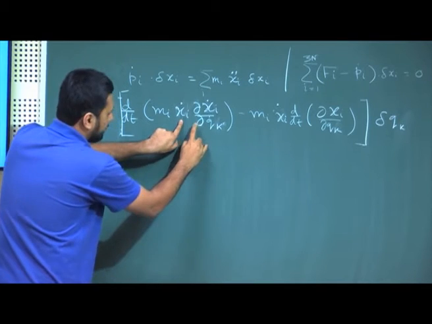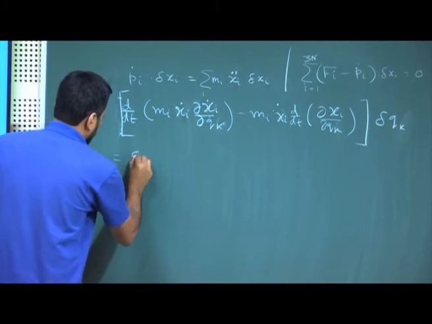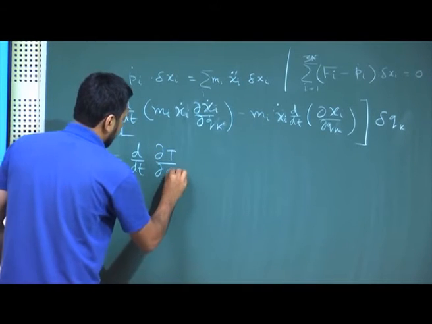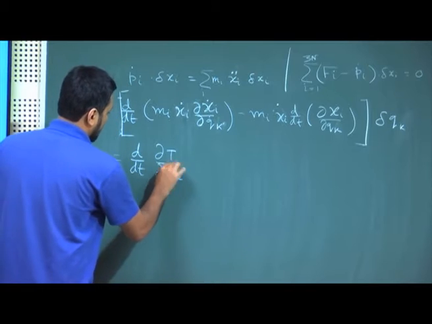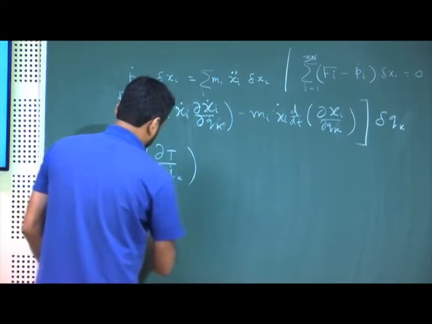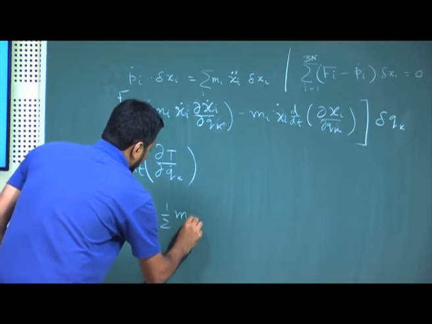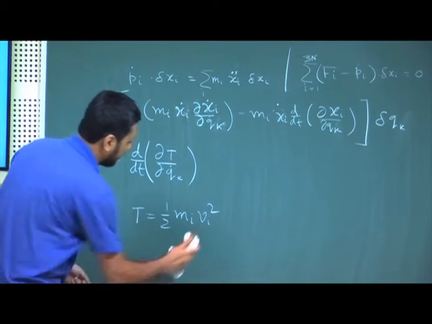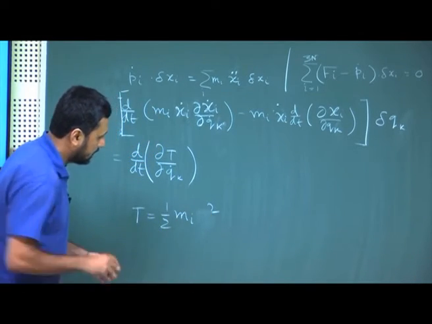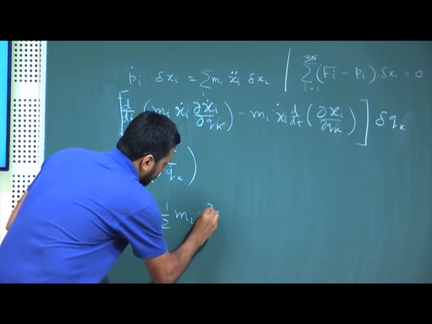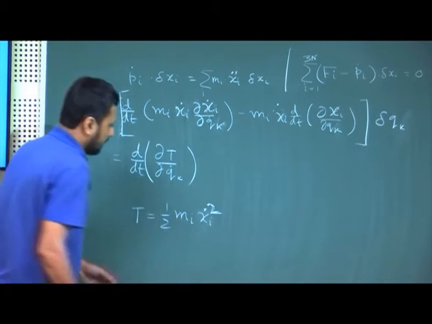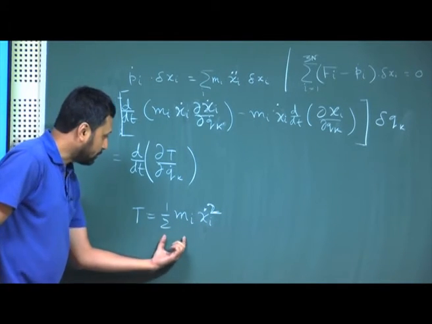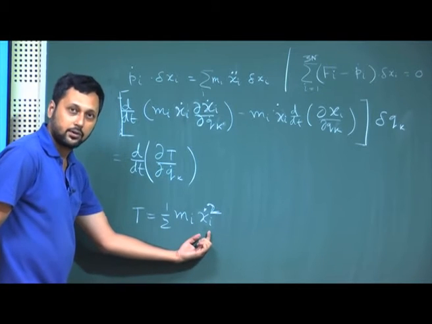So, this is a velocity term, this is also a velocity term, and we could write the first term as ddt of del T del qk dot, where T is given by half mi vi square, where vi is xi dot. These are not generalized coordinates, but it is a sum over all the Cartesian coordinates of the system.